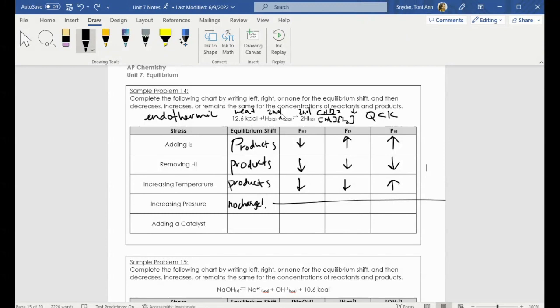Here's an example that kind of goes back to kinetics, and I know I didn't teach kinetics yet, but a catalyst is something that we haven't talked about yet. And a catalyst speeds up a reaction. A great example of a catalyst is actually Mentos and soda. When you put Mentos in soda, as we know, the soda comes flying out of the top.